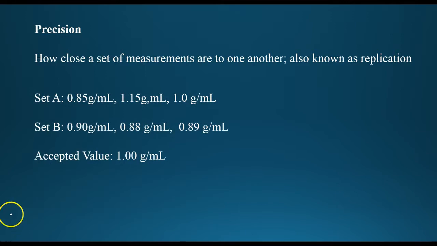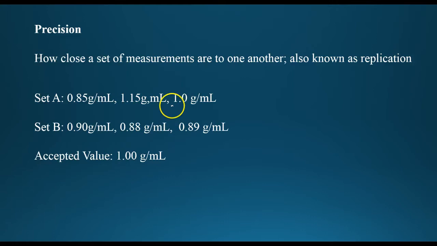We have set A, which is composed of 0.85, 1.15, and 1.0 grams per milliliter. Set B is 0.90, 0.88, and 0.89 grams per milliliter. And the accepted value is 1.00. If you look at set A, are the numbers close to one another?